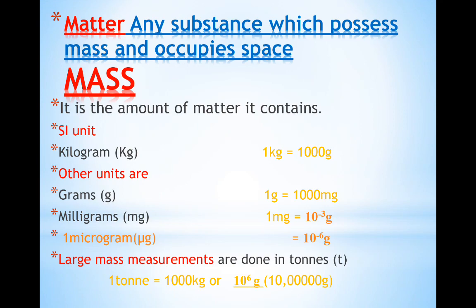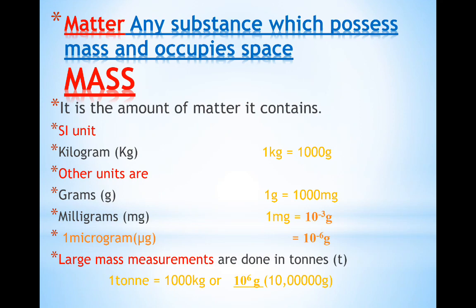Moving on, what is matter? Any substance which occupies space and has a mass is matter. Now, if we come to the physical quantities, let's talk about mass. Mass is the amount of matter it contains, and the SI unit for mass is kilograms.